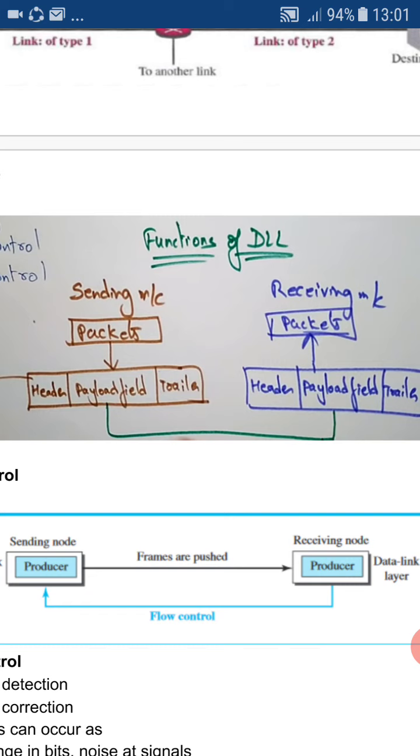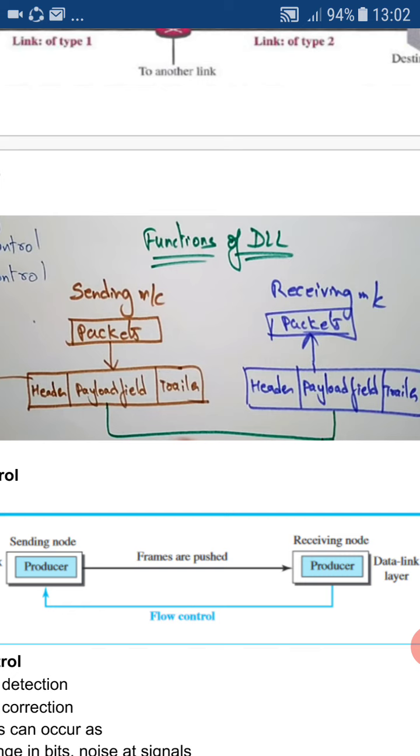Now the data link layer of the sending machine will receive the packet from the network layer. That packet is moved into the field called the payload field. So packet, payload, message, data, everything is the same. For that payload field, header and trailer are attached. When header and trailer are attached to the packet or payload, we call it a frame. So at the network layer, a datagram or packet will be there.